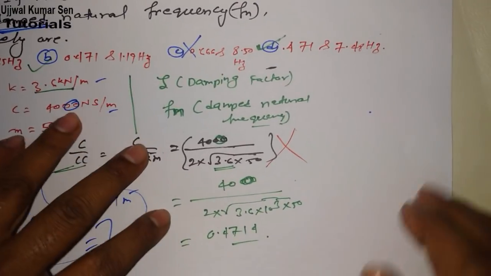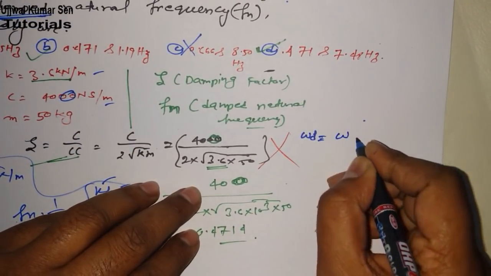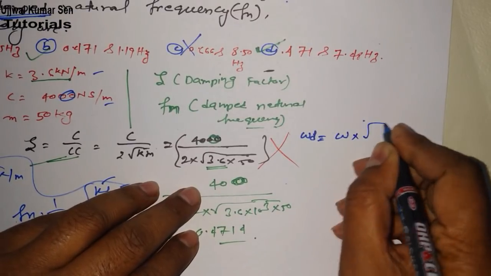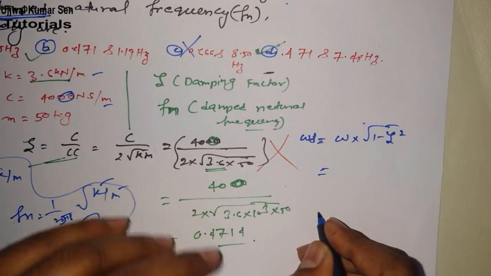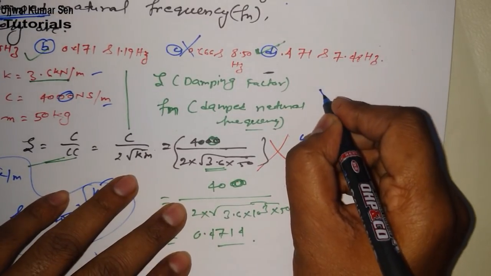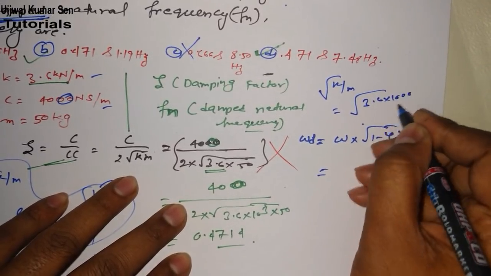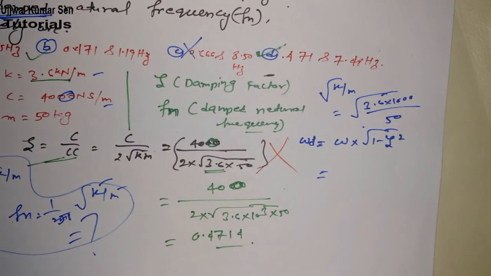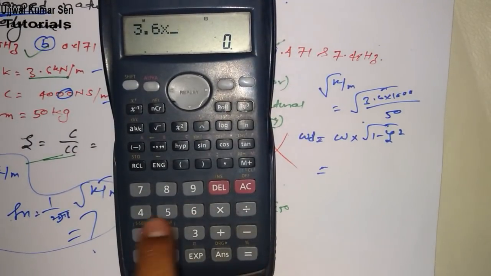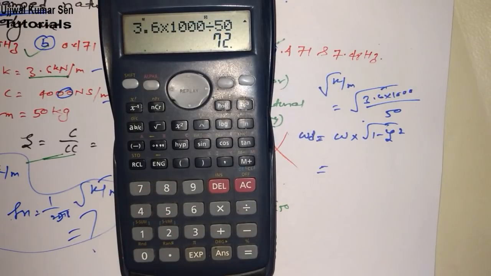Now what you have to do is use omega d equal to omega multiplied by root of 1 minus zeta square. So omega is what we have to find, that is root under K by M. So 3.6 multiplied by 1000, and m is 50 kg. How much value are we getting exactly? 3.6 multiplied by 1000 divided by 50 is equal to 72.